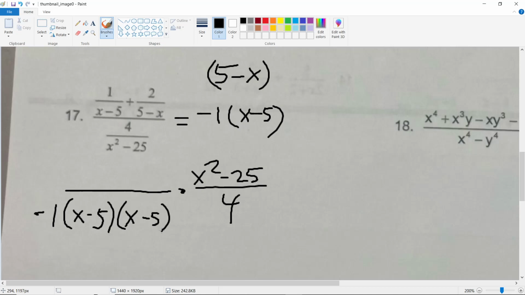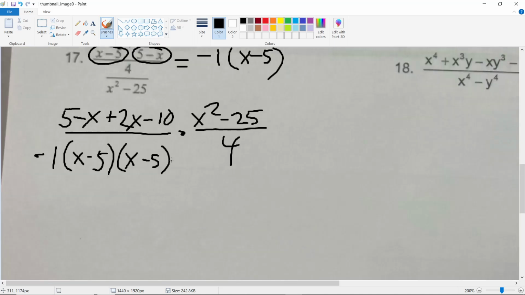Okay, now on the top, when I have two rational expressions and I'm adding them, I'll take the numerator of the first one multiplied by the denominator of the second one. 1 times 5 minus x is 5 minus x. The numerator of the second one multiplied by the denominator of the first one. 2 times x minus 5 is 2x minus 10.